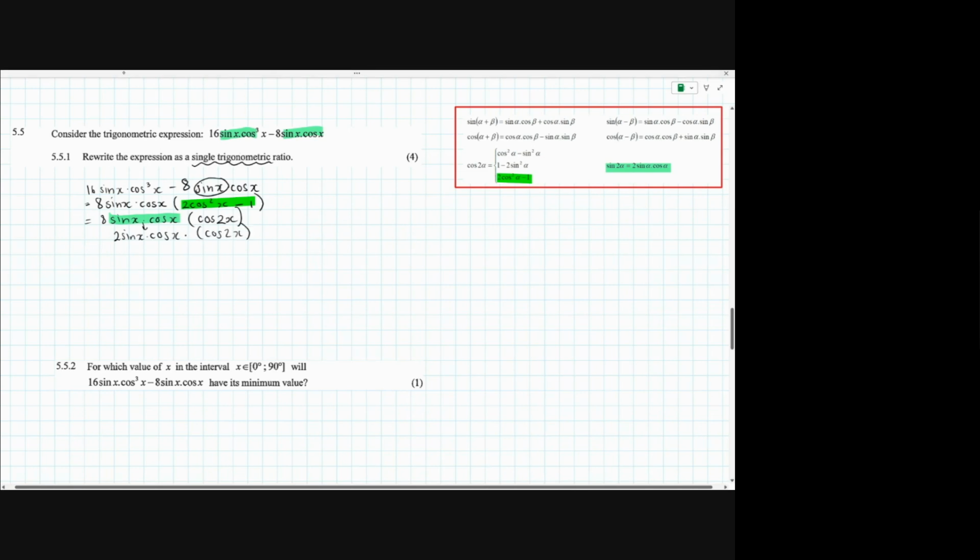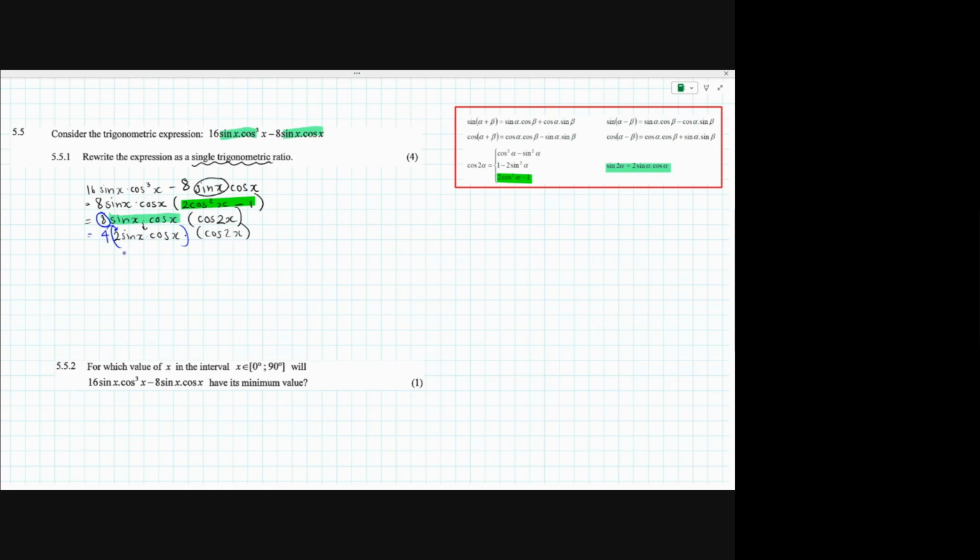Now, if we think about this logically, I have got a coefficient of 8. So all that means is I would need to have a coefficient 4, because 4 times 2 is 8. Then I have my sine double angle that I want. So always remember that coefficient, if it isn't 2, break it up into its factors so that you have a coefficient of 2.